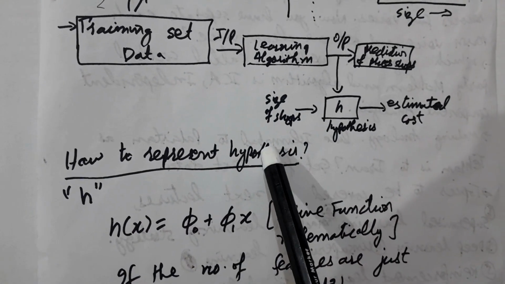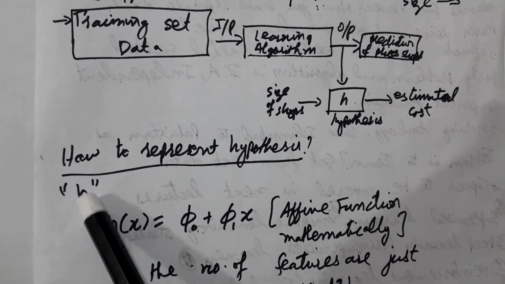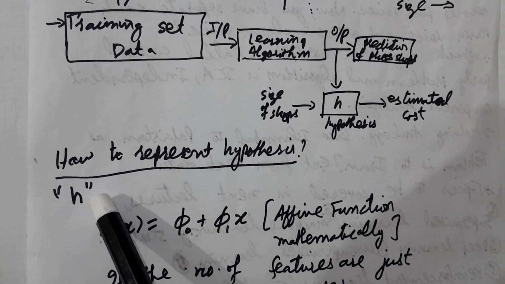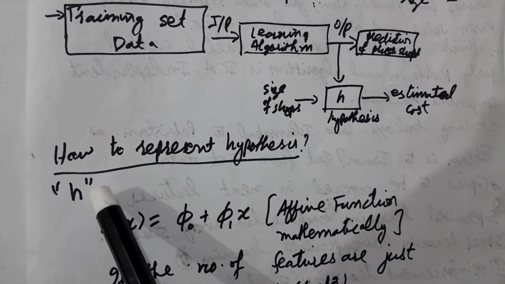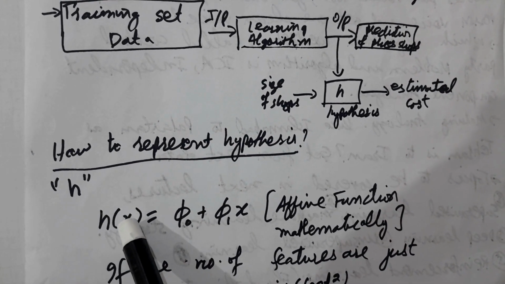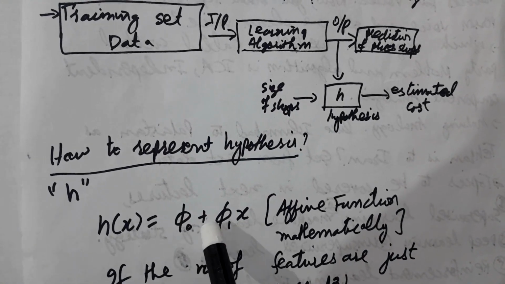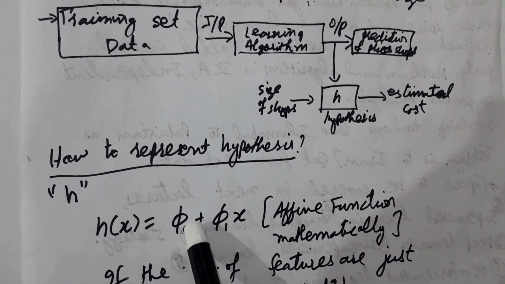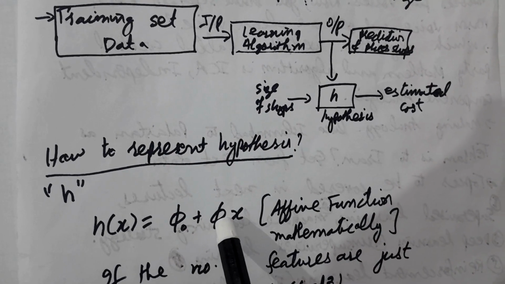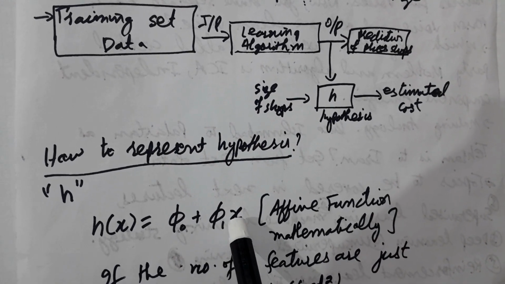Now how do we represent the hypothesis, with small h or capital H? Whichever you want; I am providing it with small h. So h(x) is equal to theta naught plus theta 1 x.